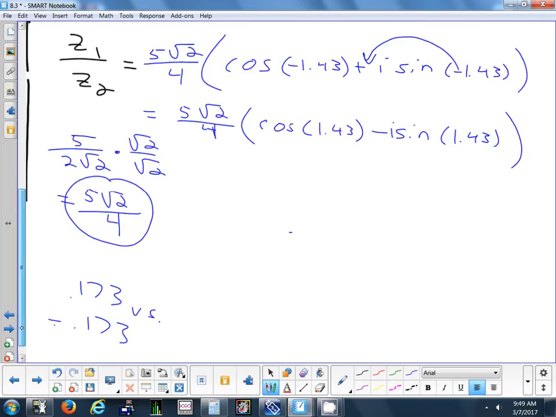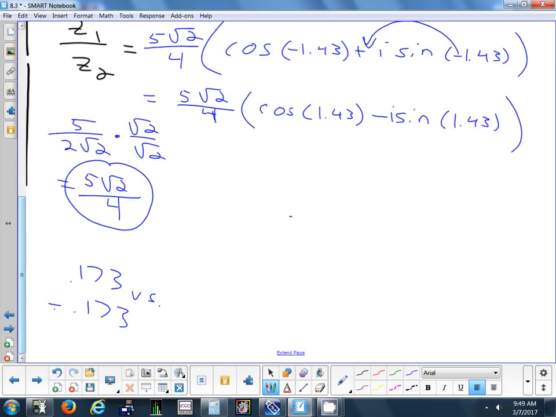Okay, so what if I had something like this? 6 cosine negative 50 plus i sine negative 50. Can somebody tell me how I could rewrite that without any negatives? 6 cosine 50 minus i sine 50.